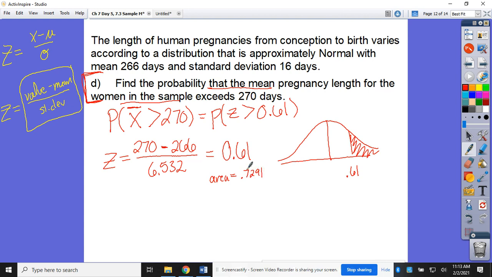Is that what I want? No, and this is more than half, that's less than half, so I do 1 minus, which leaves us with. So my answer for part A was a little over 50%. My answer for part B, or for whatever letter we just did, D, was about 27%.